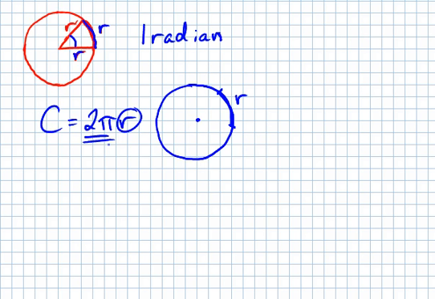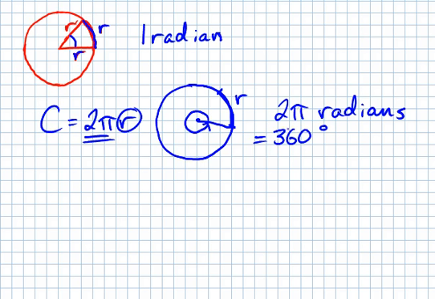So that means that the angle all the way around a circle, kind of like the 360 degrees we're used to, is 2 pi. So 2 pi radians is equal to 360 degrees.